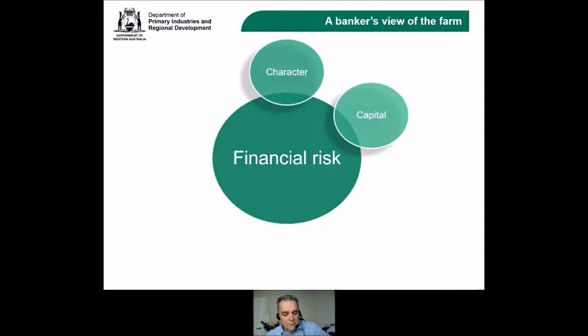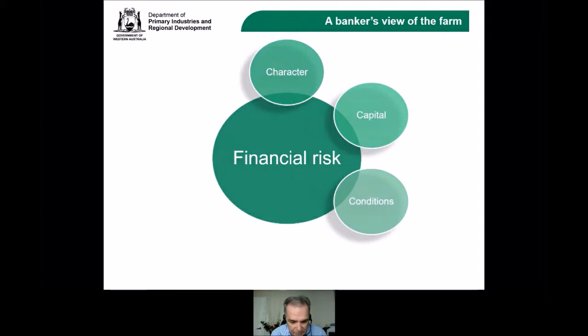What's the third thing banks look at? They look at things around conditions. They look at the things you identified in your SWOT-C analysis. Are you aware of them? Are you addressing these risks that we've talked about so far? They think about your planning and your budgeting, and from this they may actually put loan conditions on your borrowings in terms of certain ratios or certain milestones to actually achieve.